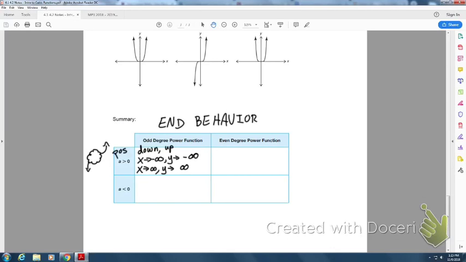If the A value is less than 0, that's going to make it negative, so that means the whole thing is reflected. So the little cloud thing that I want you to draw is that right there. Starts up here, it ends up going down. So this one we would call up, down.